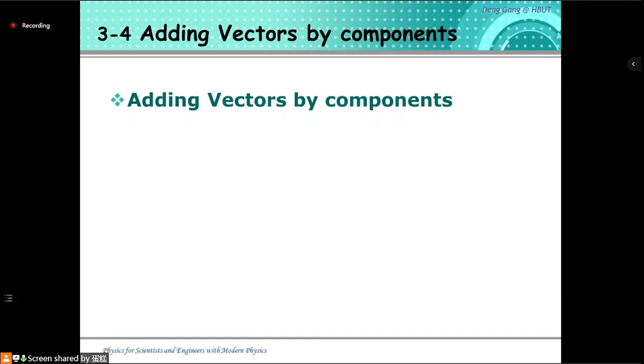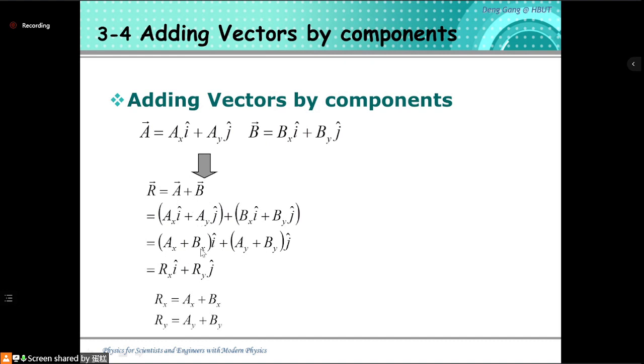So, okay, we know the component form. And now we want to know how to calculate the addition of vectors. We have two vectors, A and B, with components A_x and B_x, A_y and B_y. And A plus B is just the addition of the components.